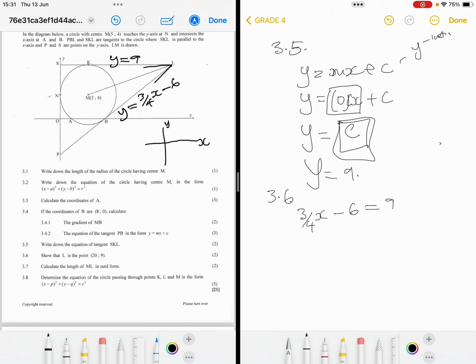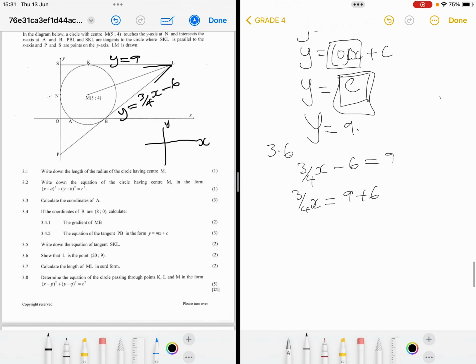So 3 over 4 x is equal to 9 plus 6, as we transport the negative 6. So here we have 3 over 4 x is equal to 15. Now you're going to solve for x. So x is equal to 15 divided by 3 over 4. This will give you 20.